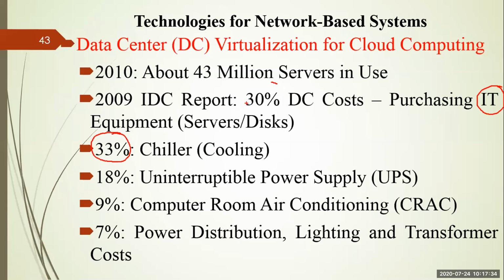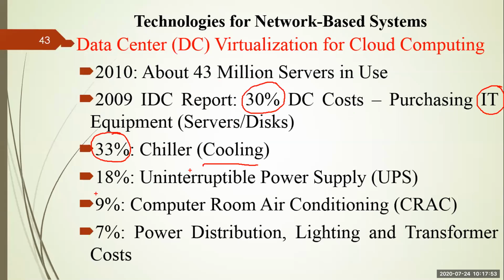Imagine, 30% to purchase the infrastructure, like your computer systems, but 33% you require for cooling, because when so many data centers are running in a particular place, imagine how much carbon dioxide or heat is generated there.